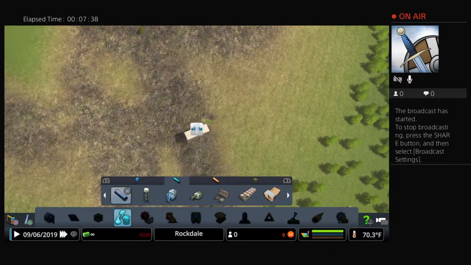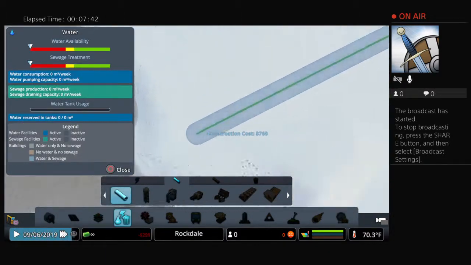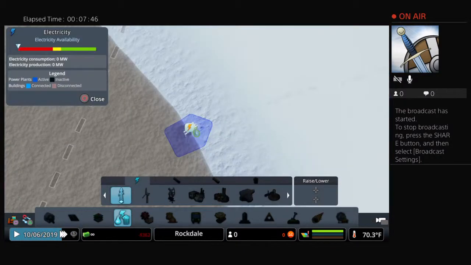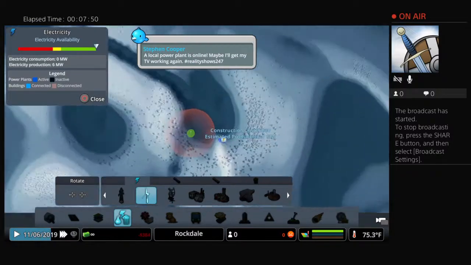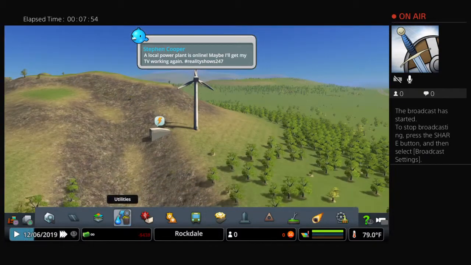Alright, and then all that I need to do is start connecting these. And then give them a power supply. And give this one a power supply. And we will start noticing.